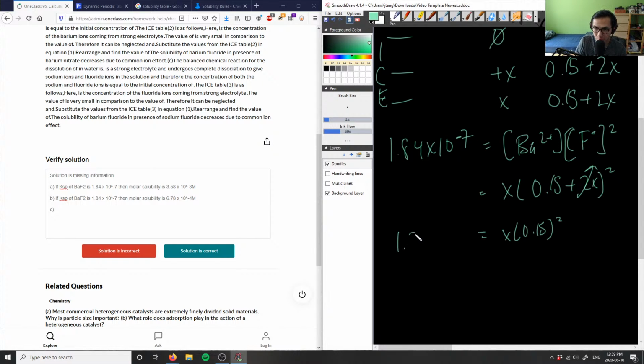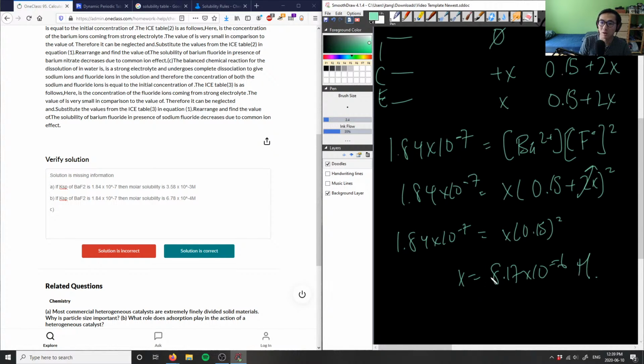So I can divide both sides by 0.15 squared to get my x value. So I have 1.84 times 10 to the negative 7 divided by 0.15 squared here. And this would give me a value of 8.17 times 10 to the negative 6. And this is our molar solubility for part C.